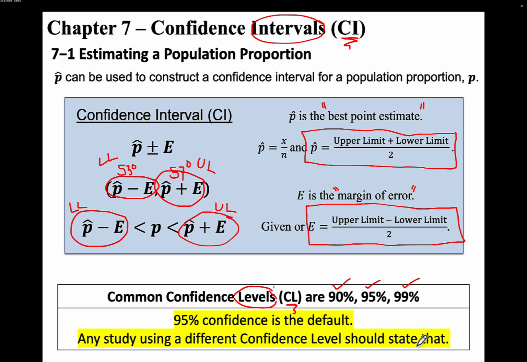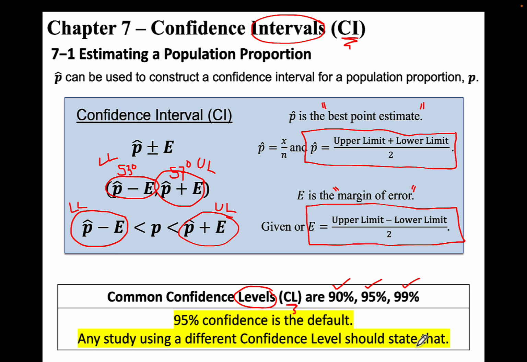So that confidence interval that I saw in the media about temperature the other day, which I'll just restate it, it said that the temperature in this particular location at this particular time was going to be 55 degrees plus or minus 2 degrees. Then I looked a little further to see if that study stated their confidence level.